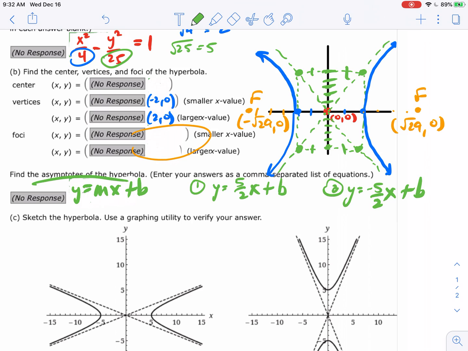So I put my slope in. Now, when you look at this picture, where do those two asymptotes cross the axis? Well, they cross right there at the origin, the center. So that is your intercept in both cases. So all you have to type in is y equals 5 halves x and y equals negative 5 halves x for this problem.